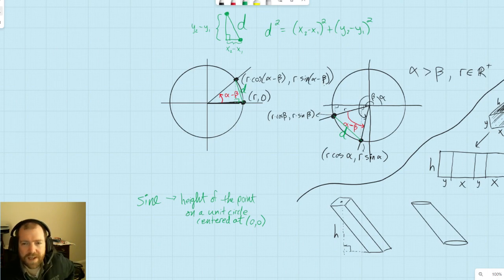So in both cases, this one here and this one here, we have the distance formula, which can be given by two different sets of points. That gives us a lot more information to work with. Not to mention, the one down at the bottom on the right is getting us in terms of the sine and cosine of alpha and beta alone, and the one over here is getting us stuff in terms of the sine and cosine of alpha minus beta.